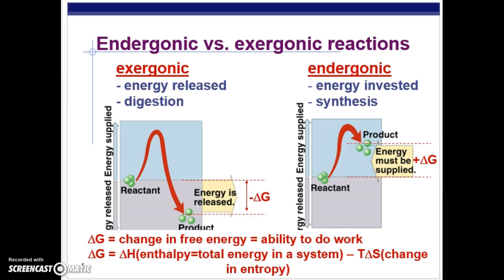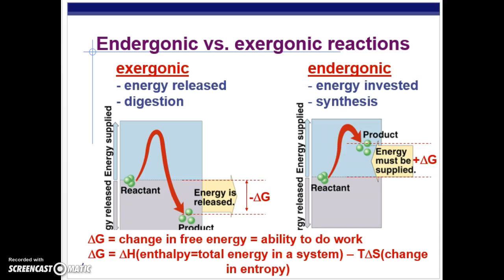The products, CO2 and H2O, have 686 kilocalories less free energy than the C6H12O6 and oxygen. So this is an exergonic reaction that is producing this delta G of negative 686 kilocalories.